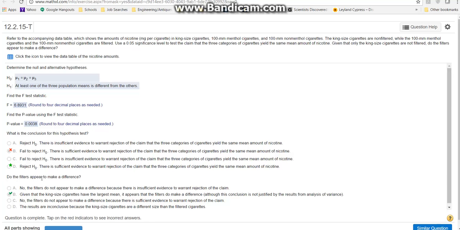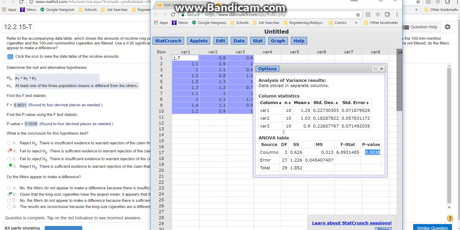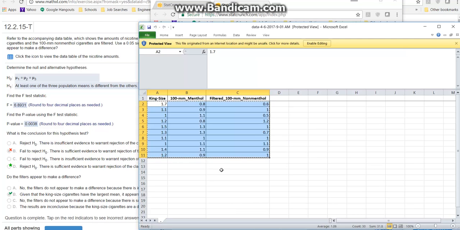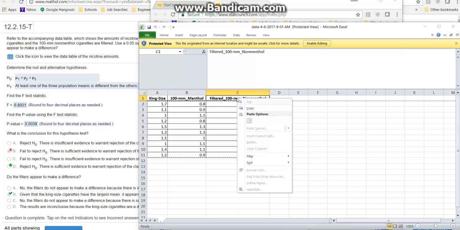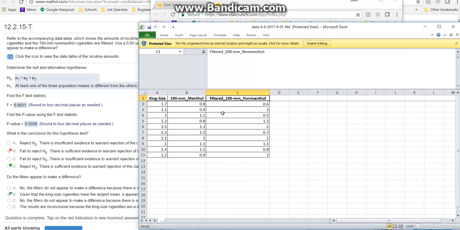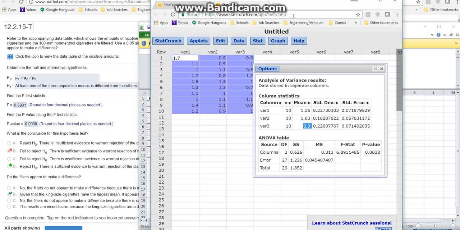Do the filters appear to make a difference? Well, if you go back and look at the data, VAR1, VAR2, VAR3, it looks like VAR3, which based on my data here is the filtered 100 millimeter non-menthol, gives the lowest mean, and the king size provides the highest mean.